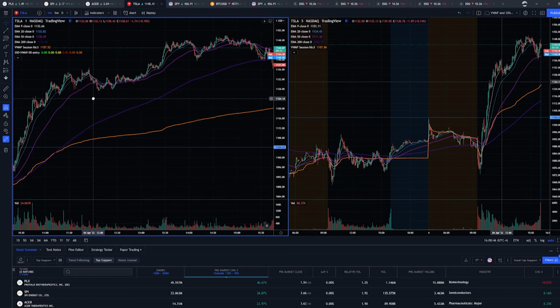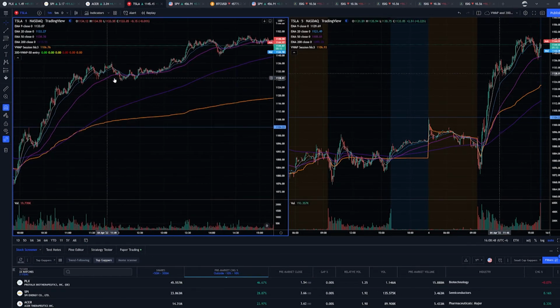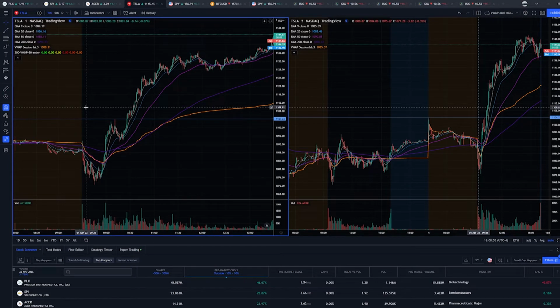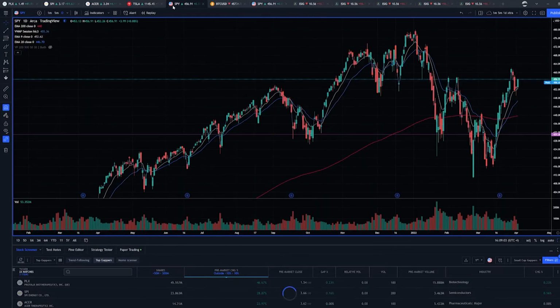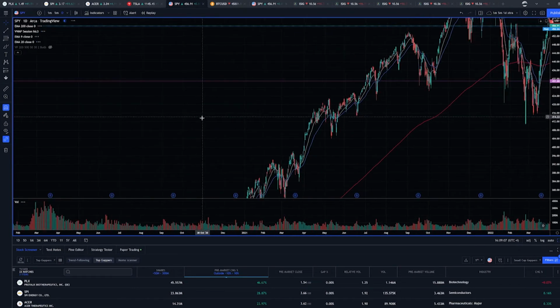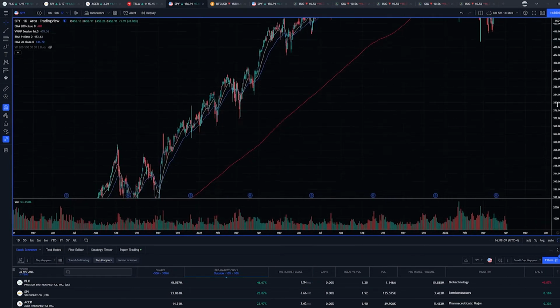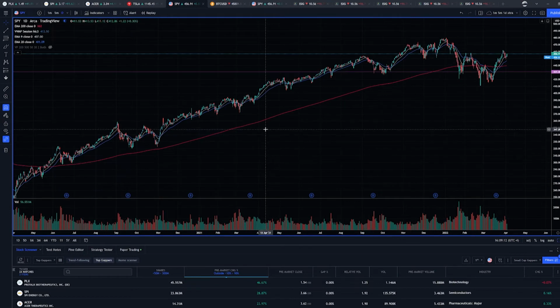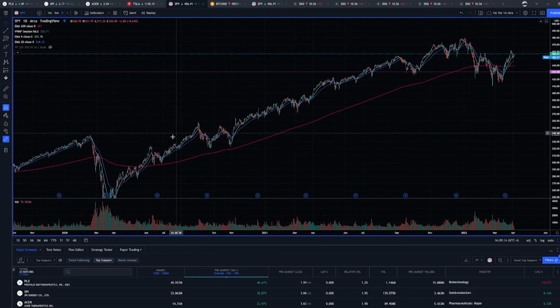And there are many levels that sometimes can be drawn, and not all of them are horizontal. You may often see descending resistance or descending support, ascending resistance, ascending support lines. And let's take something like SPY, for example, on the daily chart, which is basically a pretty strong trending index in this case.